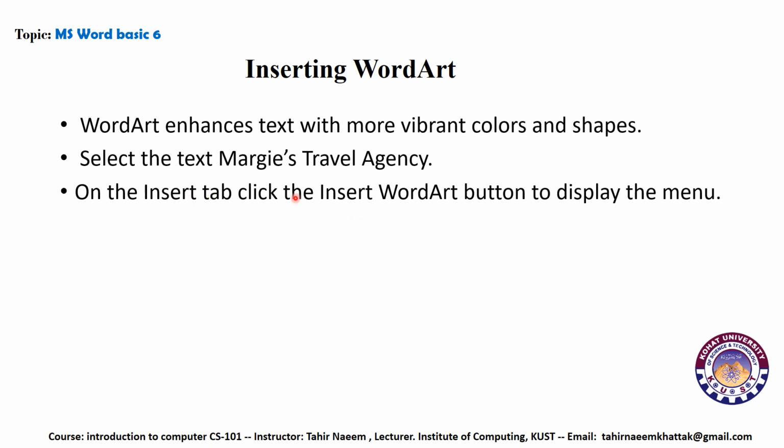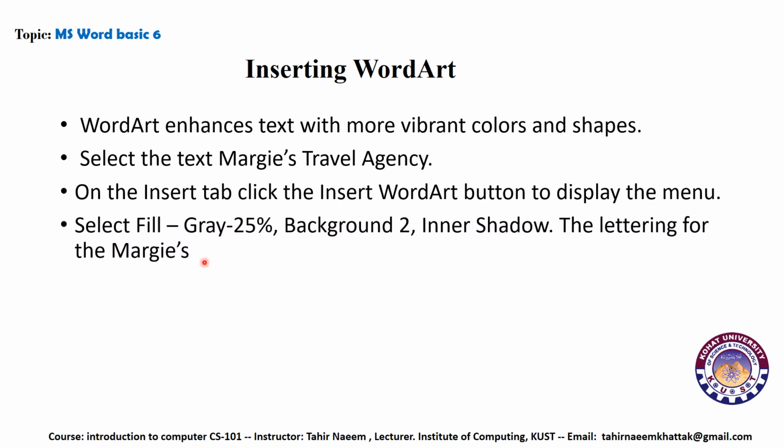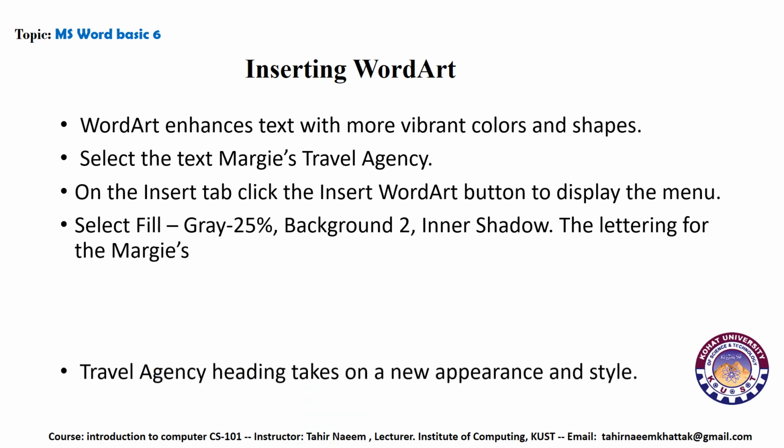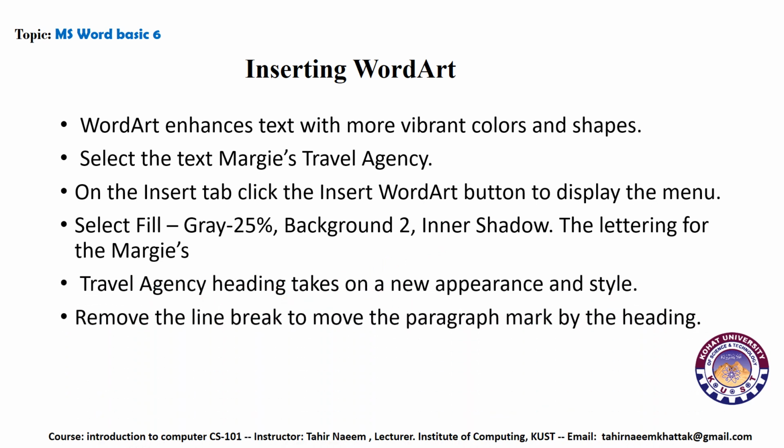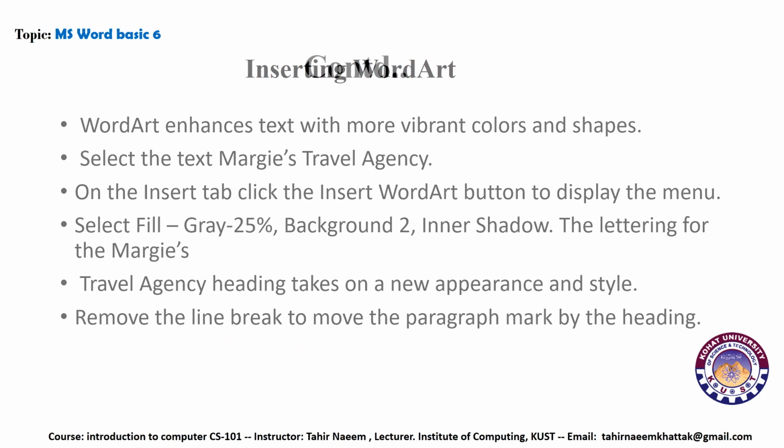Then we go to the Insert tab and click the Insert WordArt button to display the menu. Here I will apply different attributes, like an inner shadow background. The heading takes on the new appearance and style.